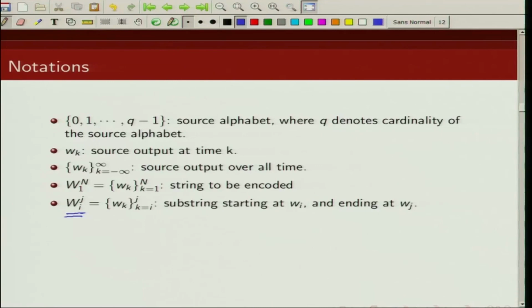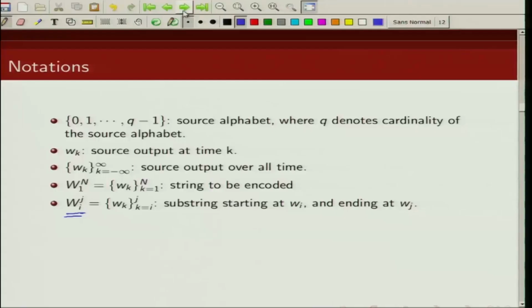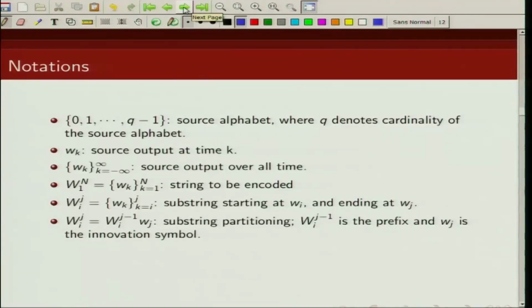I use the notation w_i^j to denote a substring starting at k equal to i and going up to k equal to j. And I can write this string from k going from i to j as the string going from i to j minus 1 concatenated with the output at time j.